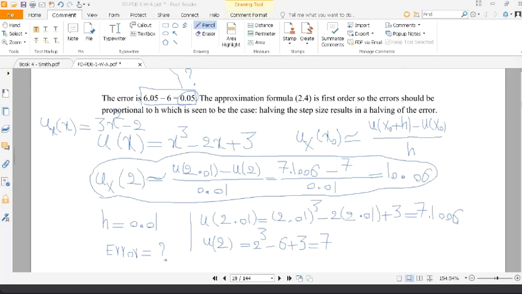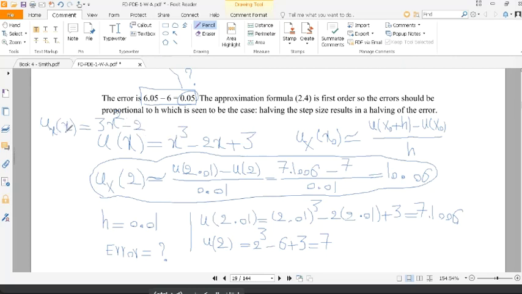The derivative of x^3 is 3x^2, the derivative of minus 2x is minus 2, and the derivative of 3 is 0.